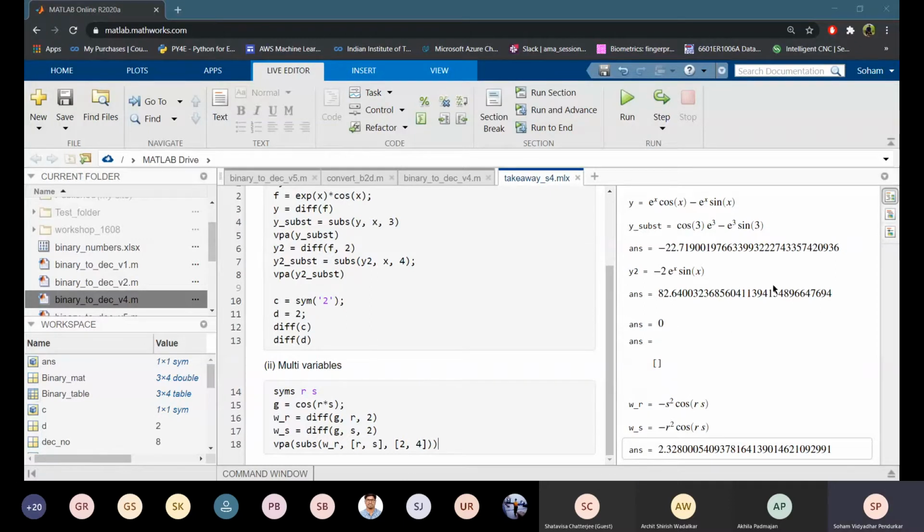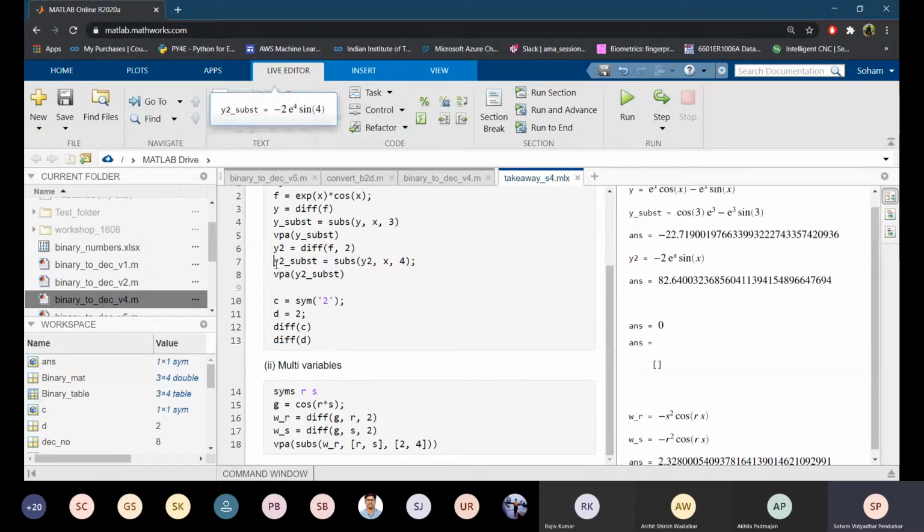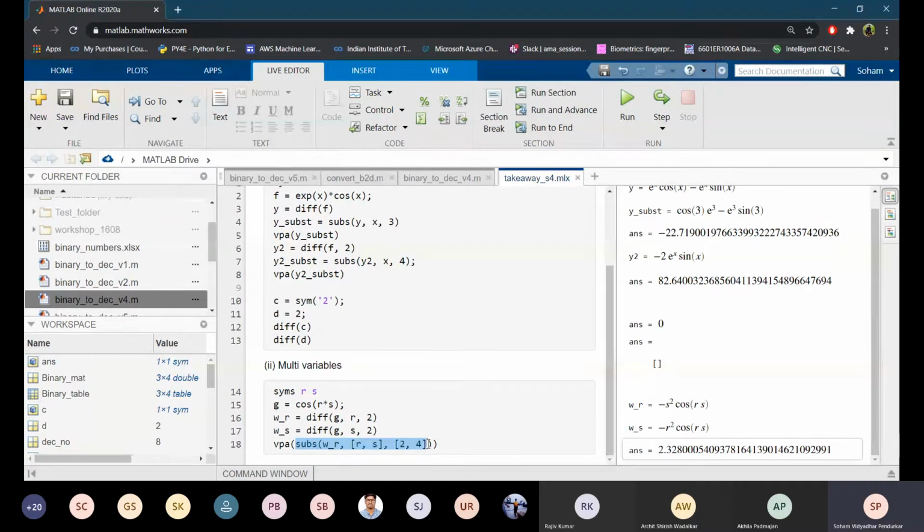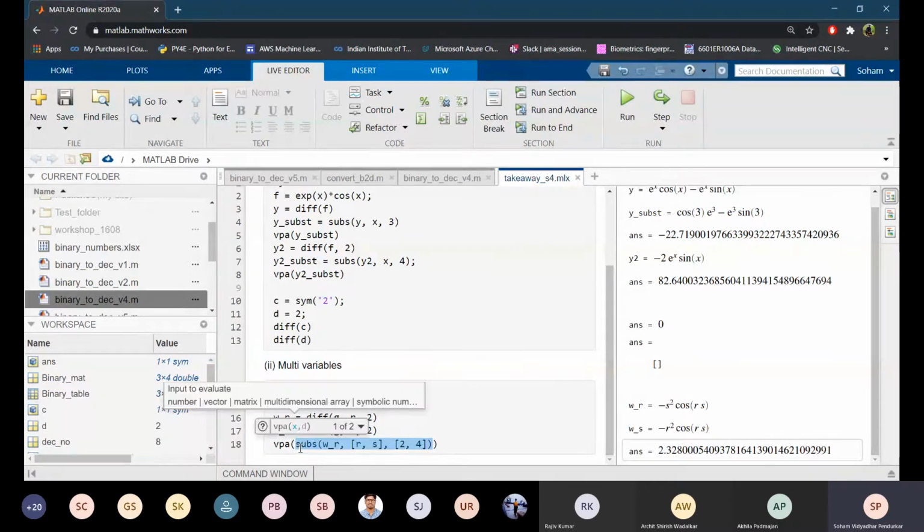Please explain the VPA syntax again. To see why I did two steps here: y2 is equal to subs, in which I stored this substitution into y2, and then I took vpa of this. So vpa is a function which can take this value directly, right? Previously I'd stored whatever I've highlighted into another variable, and then used that variable inside vpa.